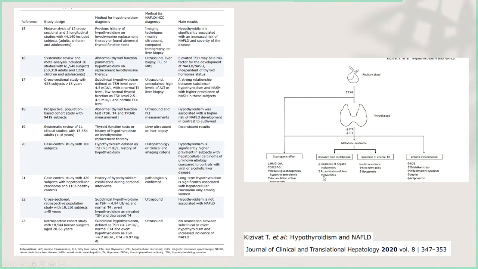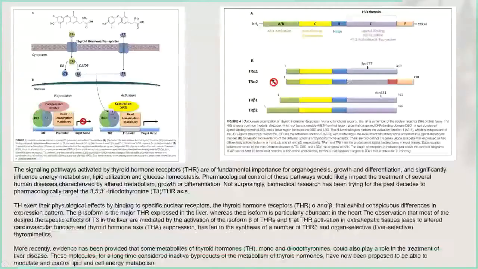In hypothyroidism, you can have impairment of lipid metabolism, expansion of visceral fat, chronic inflammation, and a steatogenic effect because of low levels of thyroid hormone. The interest in this was particularly highlighted by the fact that there are now some drugs that have an impact on fatty liver which are thyroid hormone related.